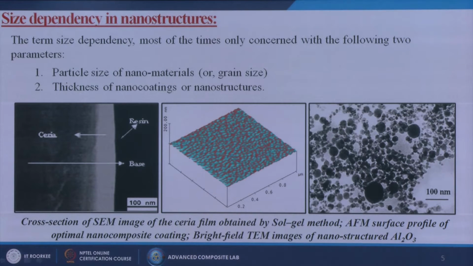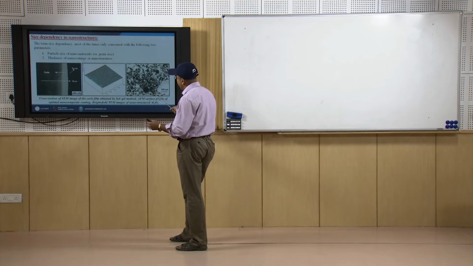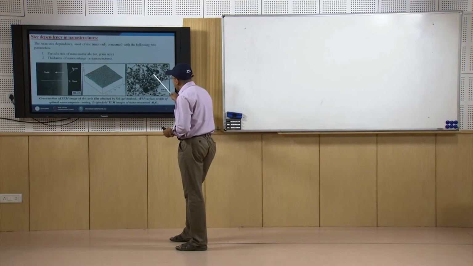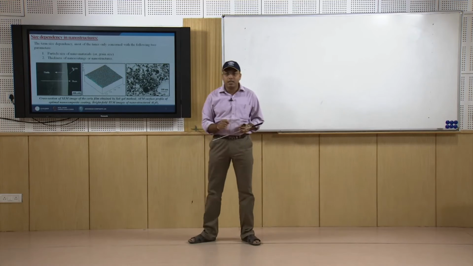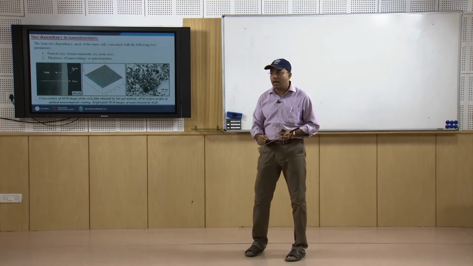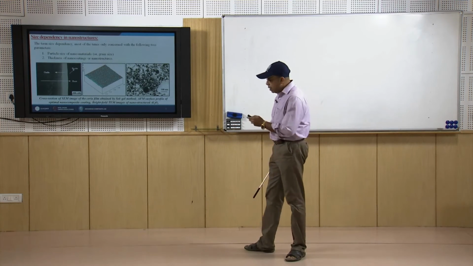The third one is the bright field transmission electron microscope image of nanostructured alumina. Here also, from the dimensions of these nanoparticles or nanofillers, we can easily calculate the average size of alumina present in the matrix itself.